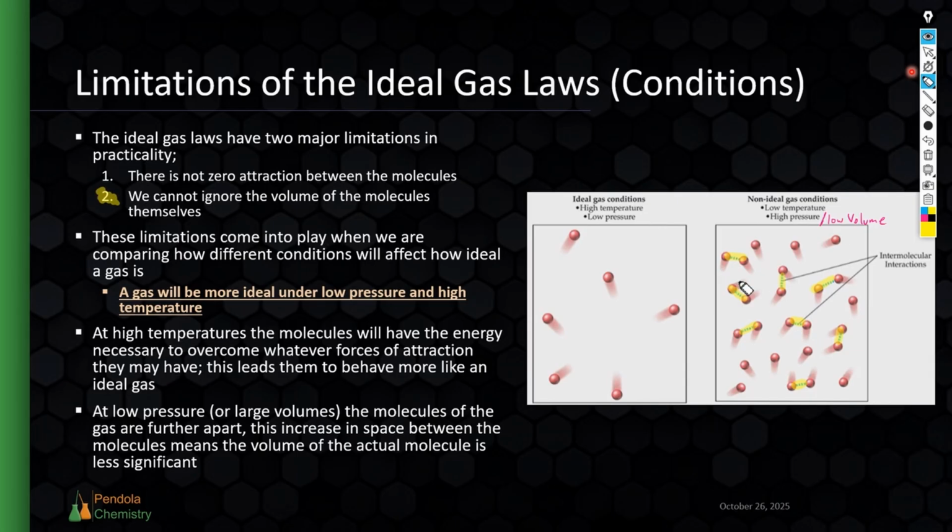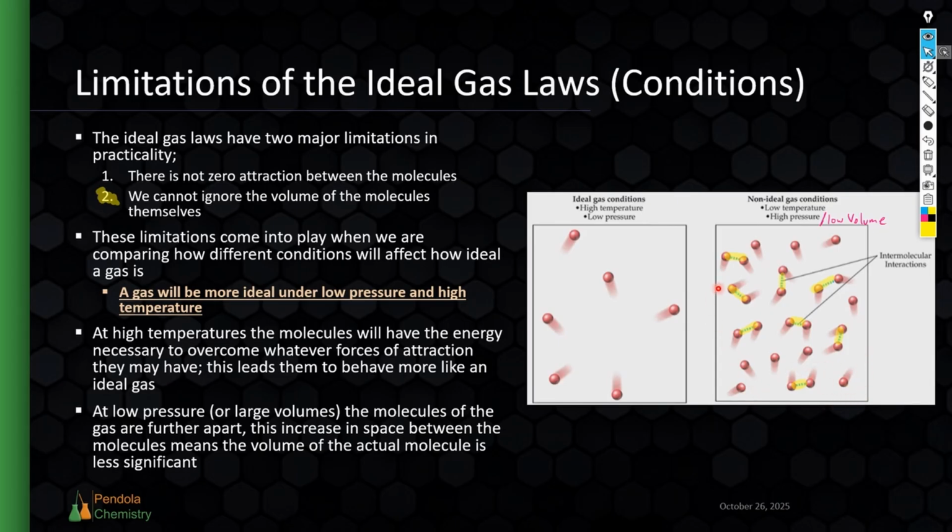limitation, because there is less empty space between these molecules, we now also have to consider the volume of the molecule itself. Remember, the less empty space there is between molecules, the more significant the volume of the molecule becomes. And so with high pressure, because either the volume is lower or the number of molecules is higher, there's a lot less empty space between them.